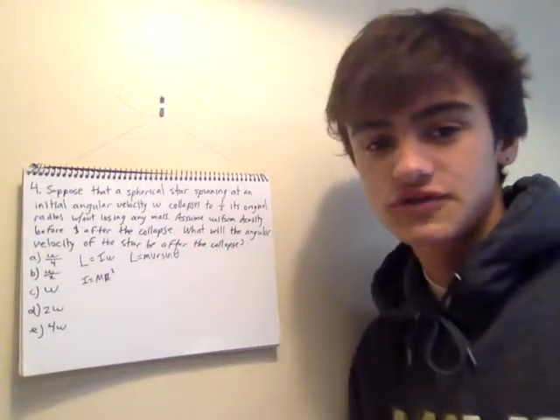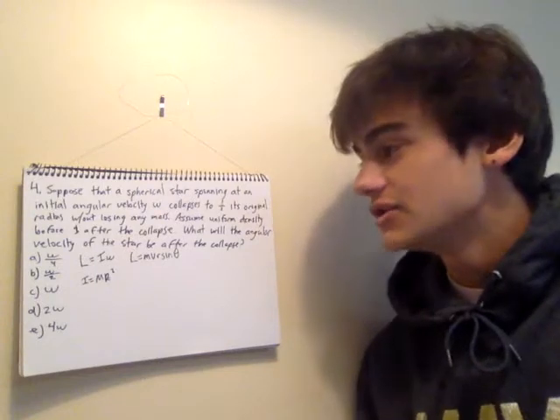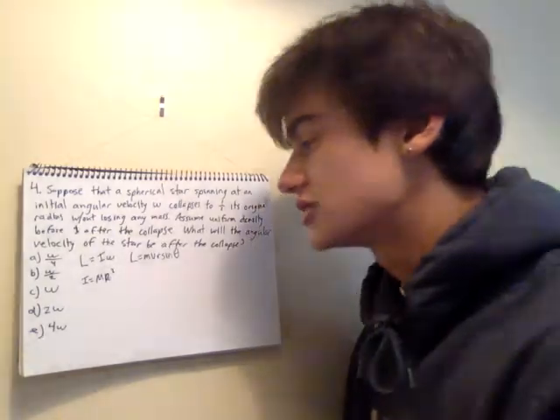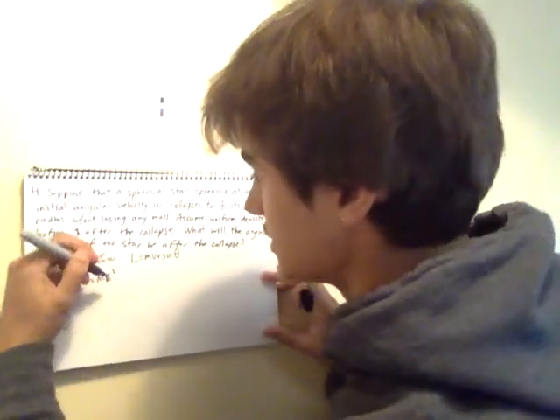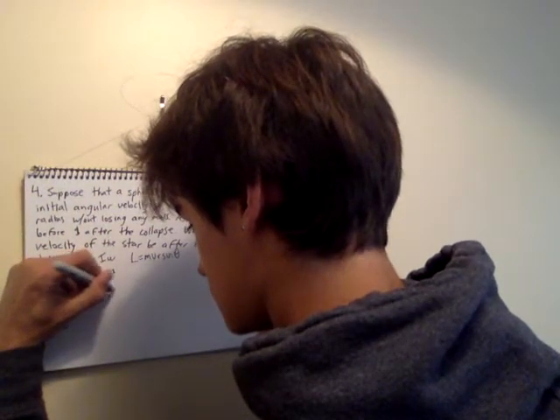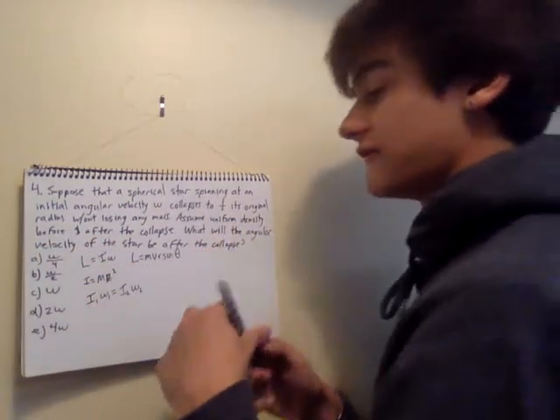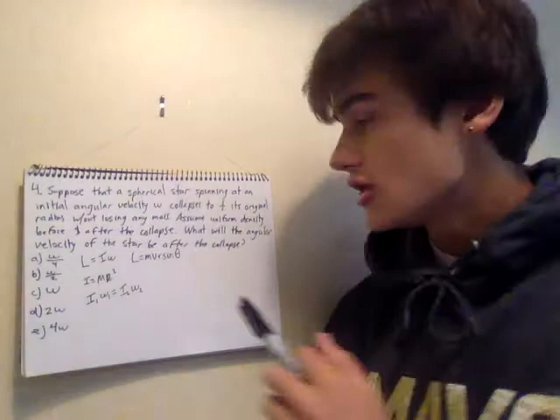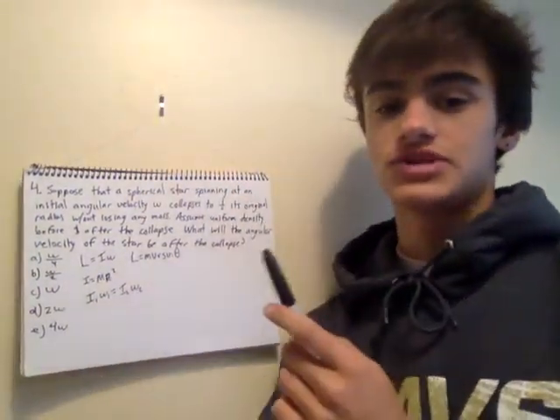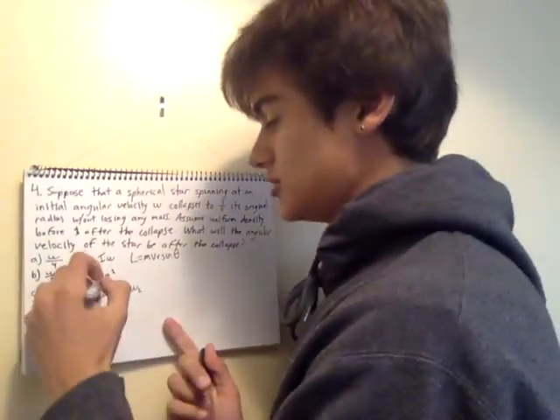For different objects there are different coefficients, but it's going to cancel out anyway because of the conservation of angular momentum. Conservation of angular momentum says that before the star collapses, the angular momentum is equivalent to the angular momentum after the star collapses. So we know m is going to cancel out either way.